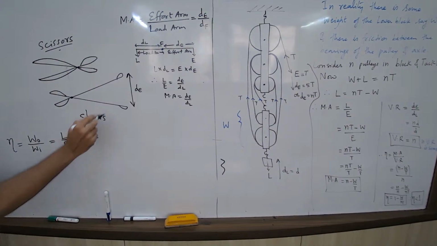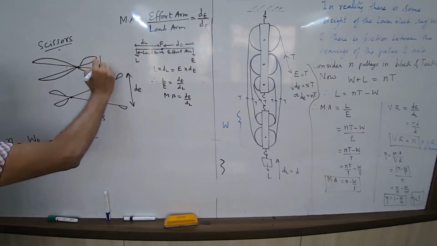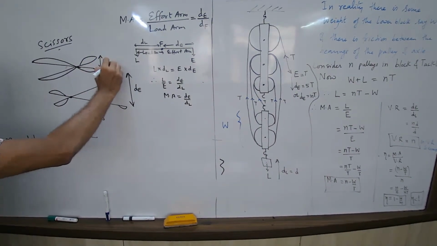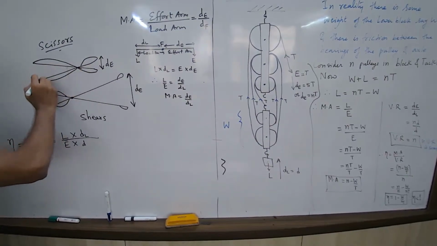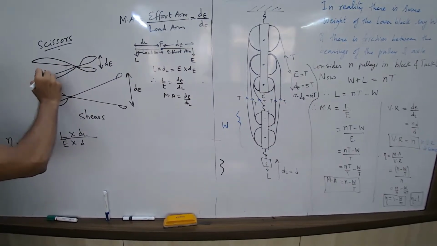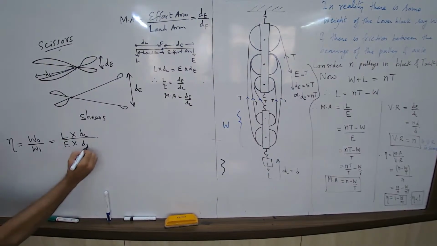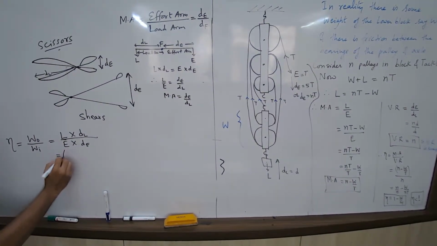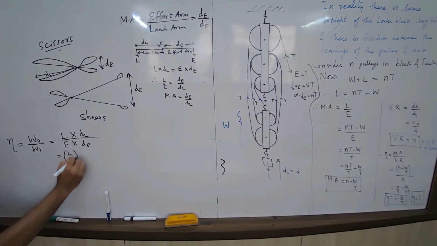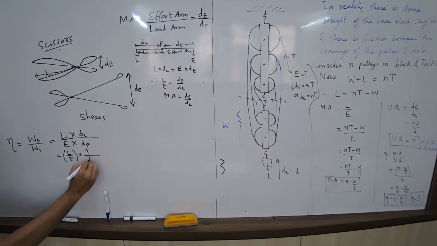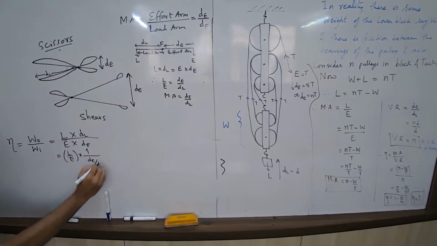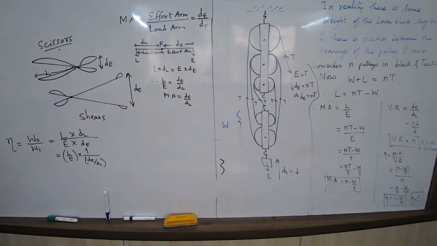So this is distance of effort, displacement of effort, and this is the load which moves. And then we separate it: load by effort into 1 by DE by DL. So this is for question 6.